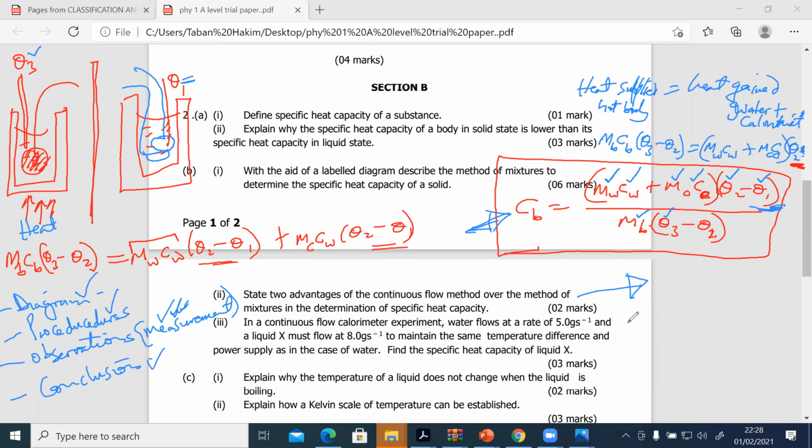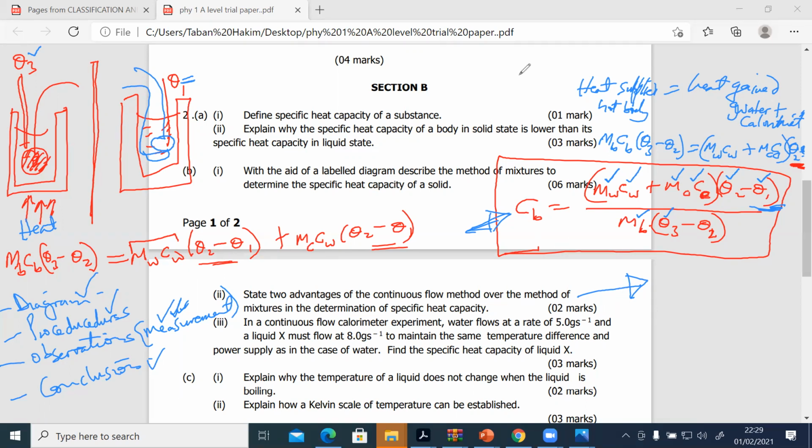While there is no need for cooling correction when using continuous flow method. Okay, very good. Those are the 2 I wrote. And cooling correction can simply be stated as saying that the heat losses to the environment are catered for, unlike for the method of mixtures.